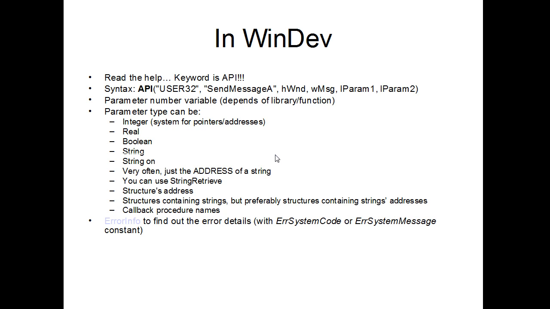So either you do another API call, or you call a function inside your system that is itself calling the system and resetting that information. So in both cases you would lose the information. So the first thing that you should do is always: okay, my result equal API this, that, the other. If my result equal error, then ErrorInfo. Immediately, no waiting.